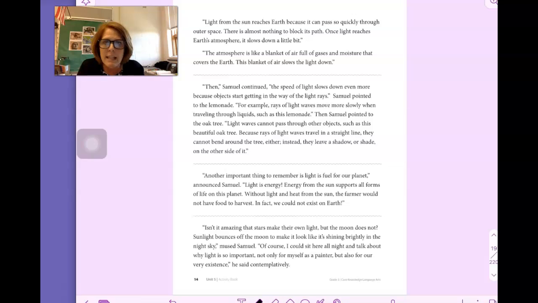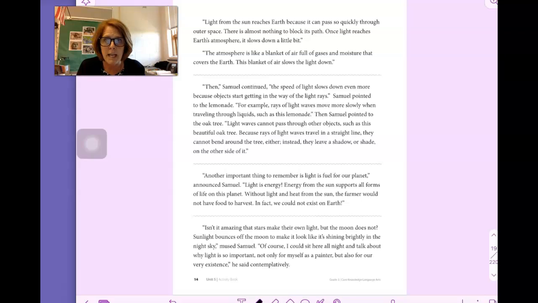There is almost nothing to block its path. Once light reaches Earth's atmosphere, it slows down a little bit. The atmosphere is like a blanket of air full of gases and moisture that covers the Earth. This blanket of air slows the light down. Then, Samuel continued, the speed of light slows down even more because objects start getting in the way of the light rays.